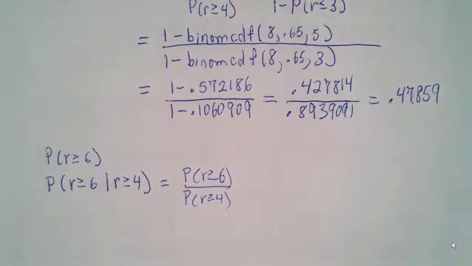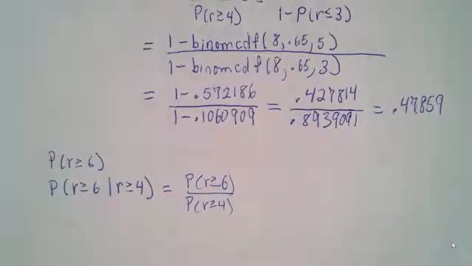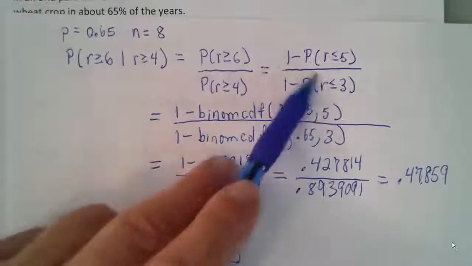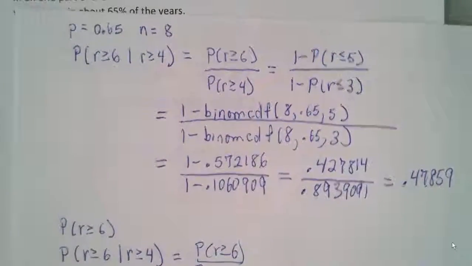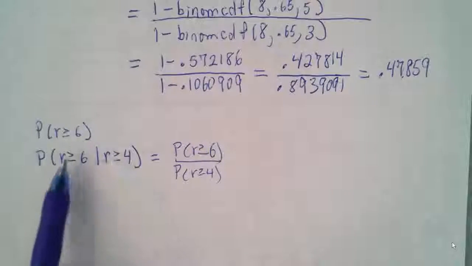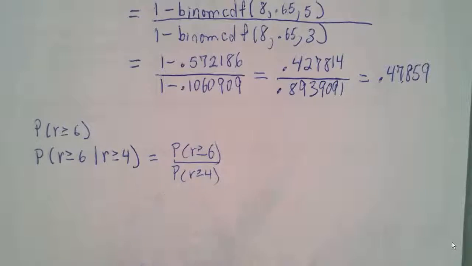And if we were going to do that for 10 flips of a coin, rather than 8 crop years, we'd still be doing a complement and be taking a ratio. So any place that you can use binomial probabilities, you can also use conditional binomial probabilities. And flip of a coin would be one answer. How about in healthcare? Maybe you're looking at patient records.